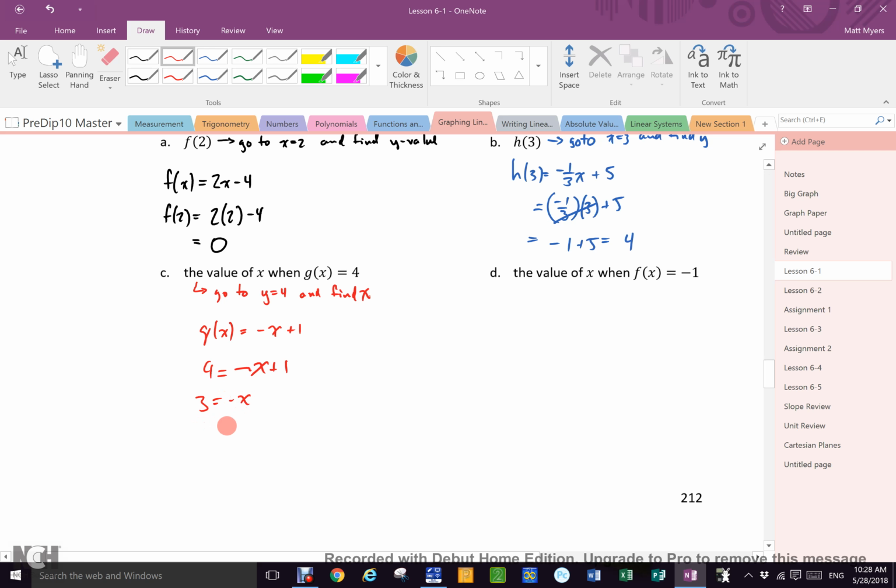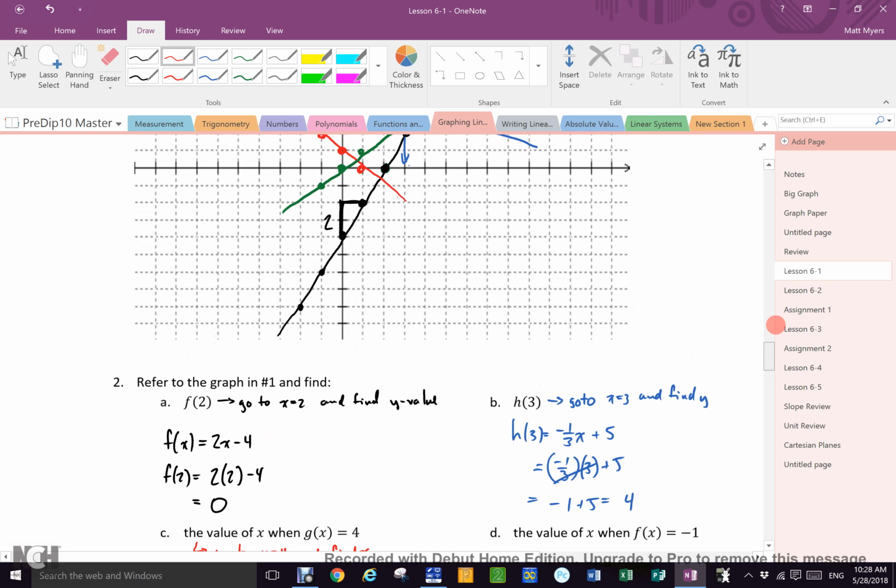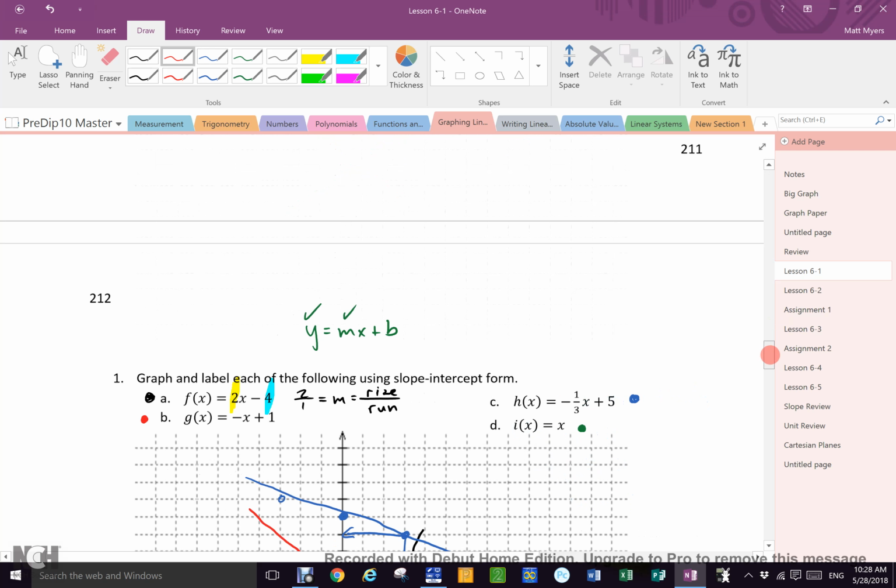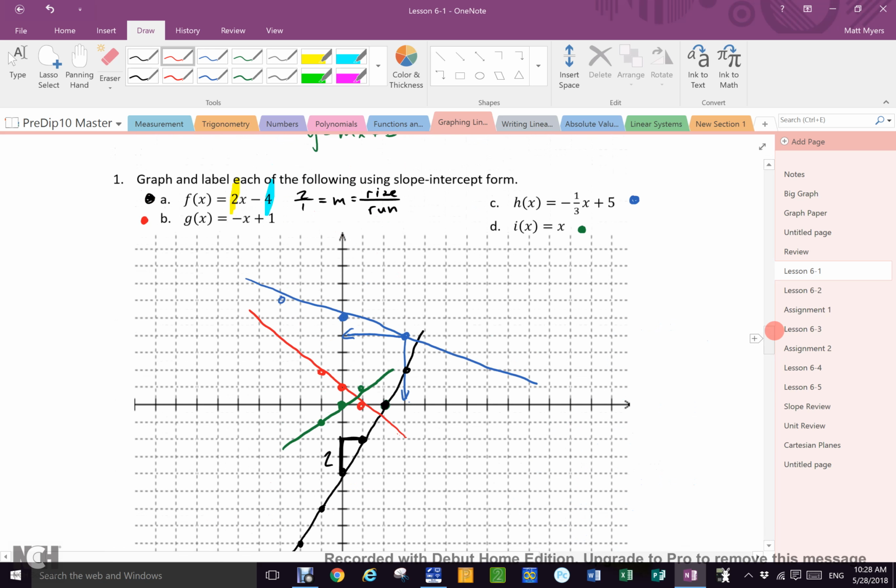What does x equal? Negative 3. And you knew that from the graph because you went up to 1, 2, 3, 4 and out 1, 2, 3, and there it was.